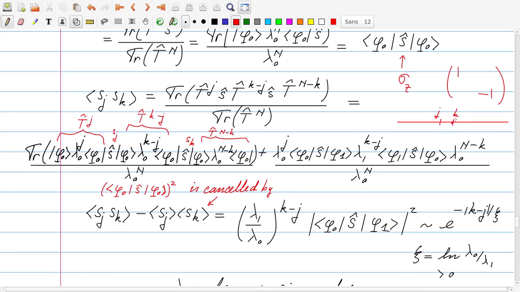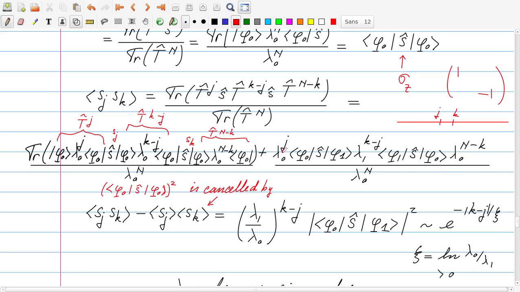So here I can afford to take not the largest eigenvalue, because that's cancelled. I take the next largest eigenvalue, which is lambda 1. And then you obtain this expression. And then you see that what's left over is precisely the phi 0, phi 1 S expectation value.